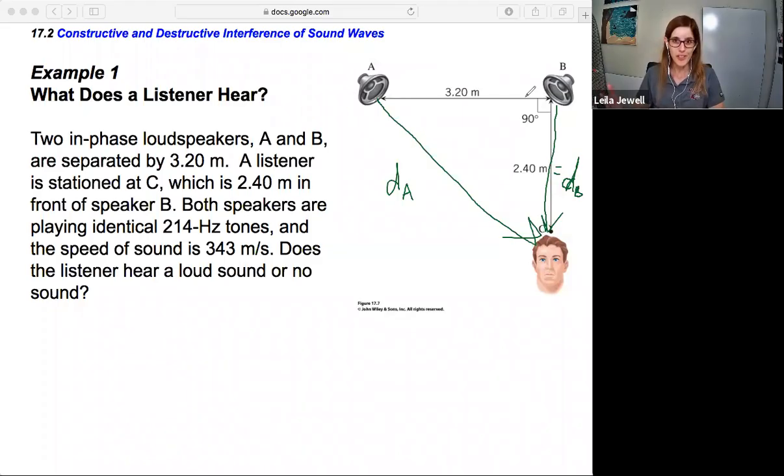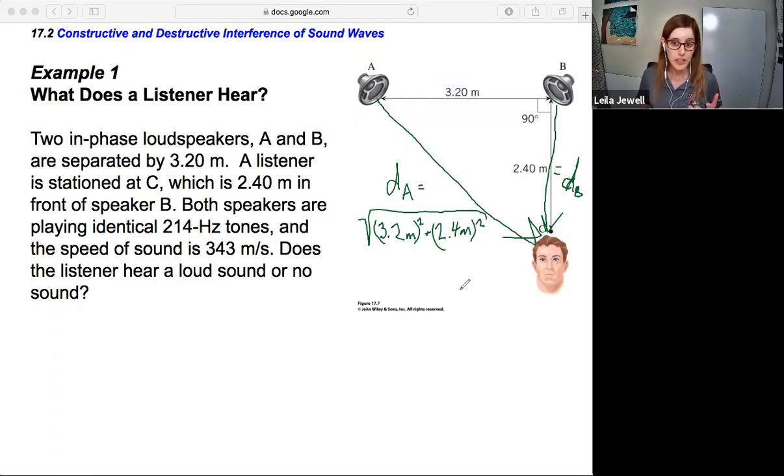That's just going to be our Pythagorean theorem, right? So dA is just going to be the square root of the other two sides. So 3.2 meters squared plus 2.4 meters squared. All right, and that will give us the total distance there.